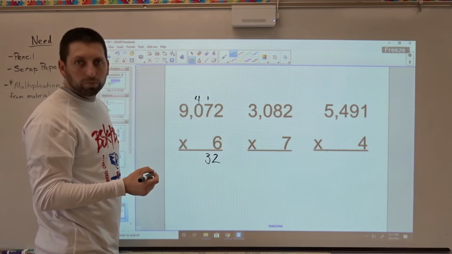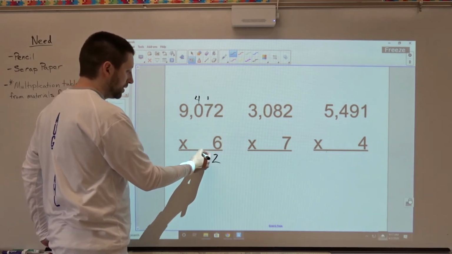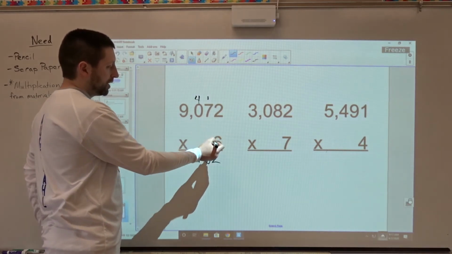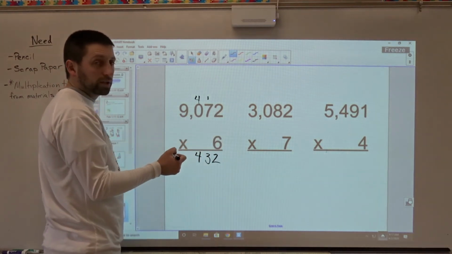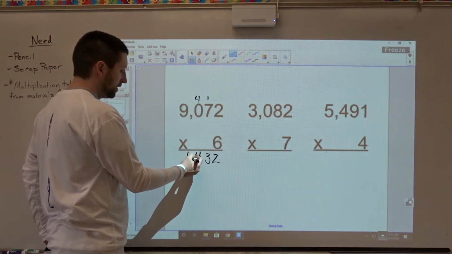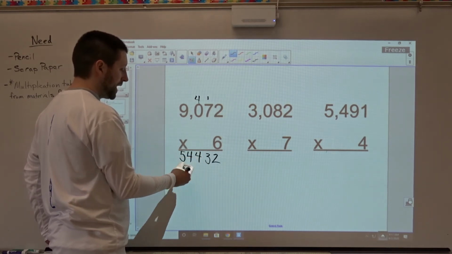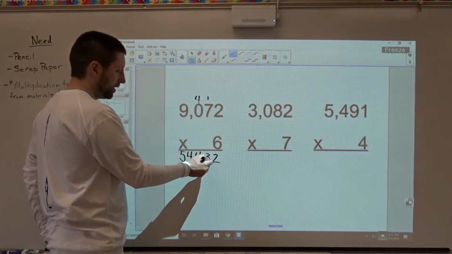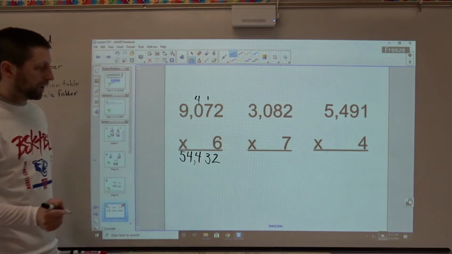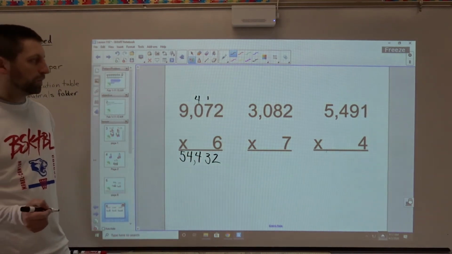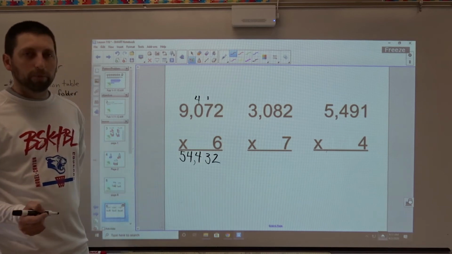So 0 plus 4 is 4. And then I do the last part, 9 times 6, that is 54. I don't have anything to add in, so I can write down 54. And then 1, 2, 3. 54,432. And let's go to the middle one.